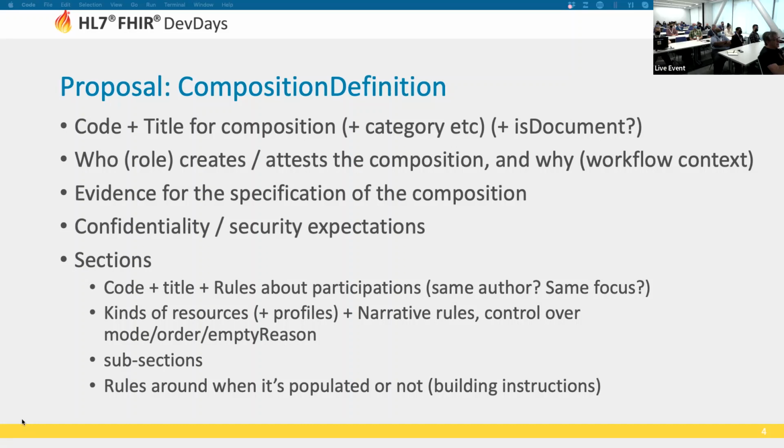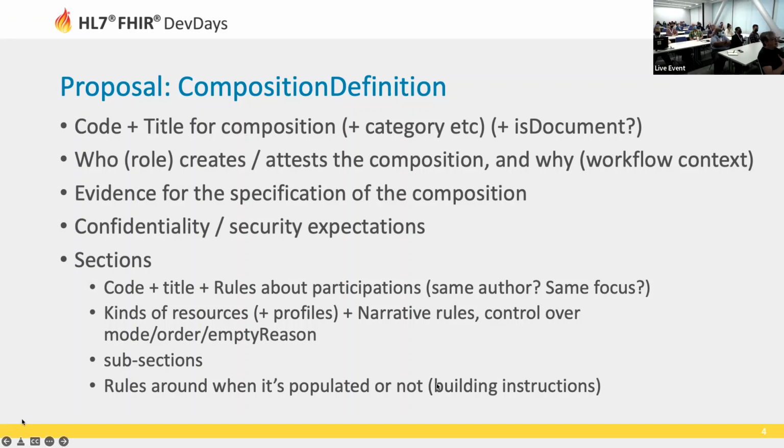So I use FHIRPath to pull in, say, all of these that belong to this value set, or all of these from this specific code or from this specific time. So being able to say not just what kinds of resources, but specifically how you would query for them, would be a big add for a composition definition.